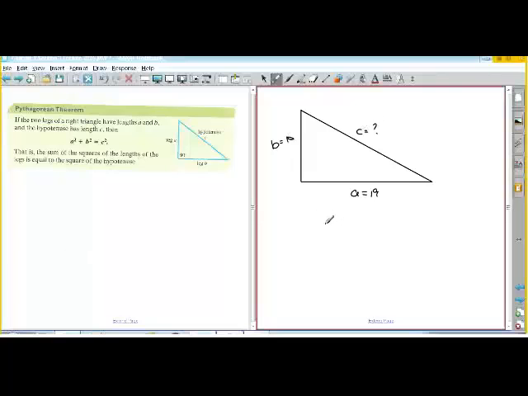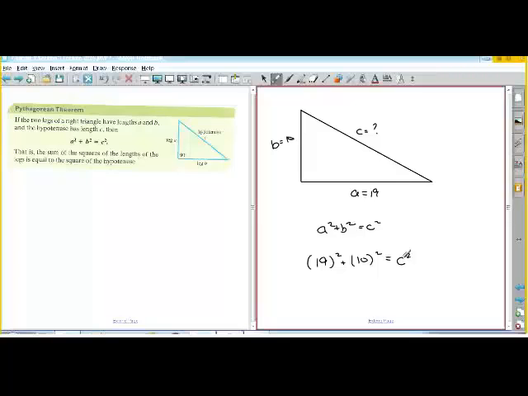The question is, what is the length of side c? How do you do that? Well, a squared plus b squared is equal to c squared. So we plug in the values for a and b. Make sure you can do this on your calculator.